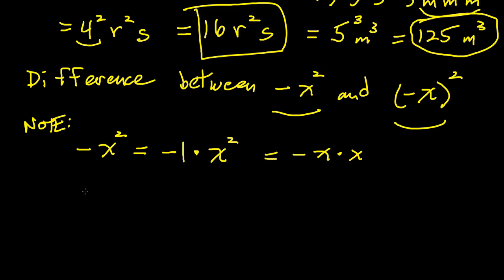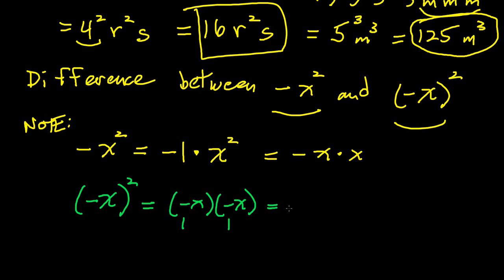If I've got minus x, quantity squared, well, that is because that base has a negative sign contained in its parentheses, it's really minus x times minus x, and we know that a negative times a negative is a positive, so it's going to be positive x times x.